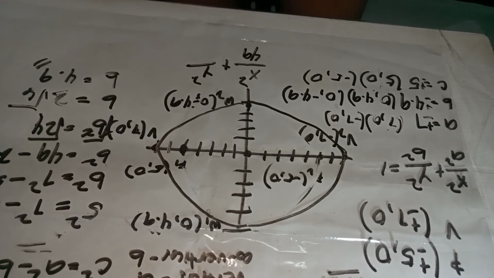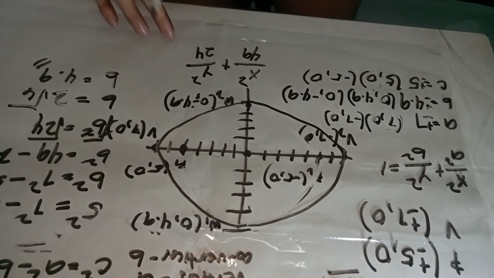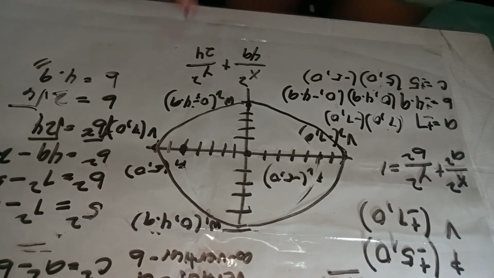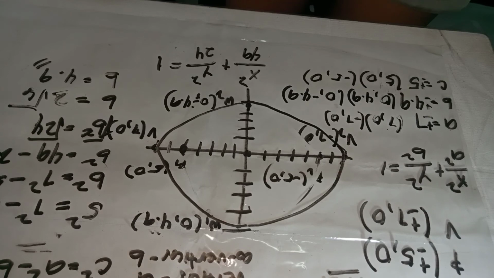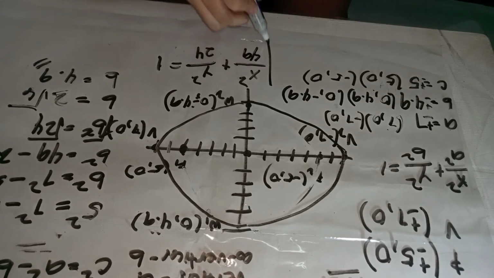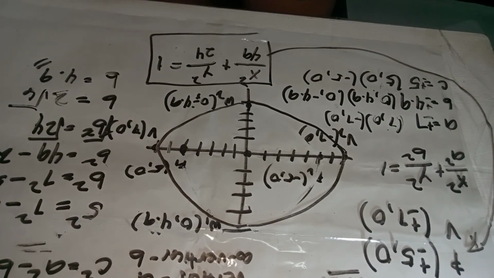It is 24.01, or 24.0. Okay, is equals to 1. Okay, so that will be the equation of this given. Okay. Nagets po ba?